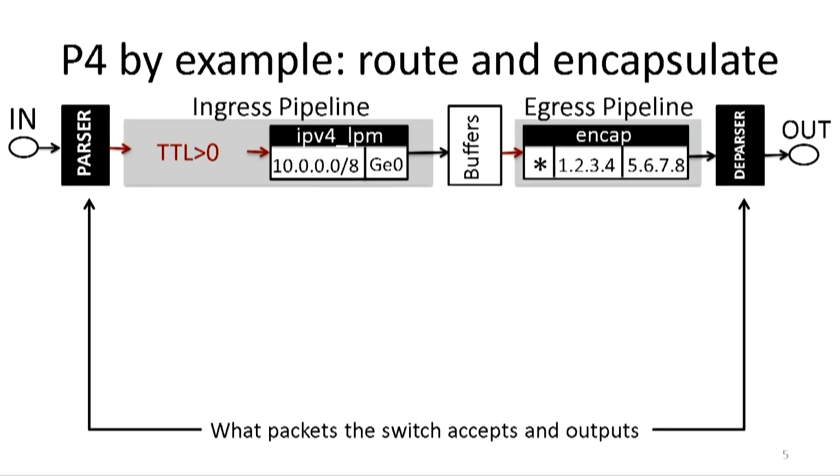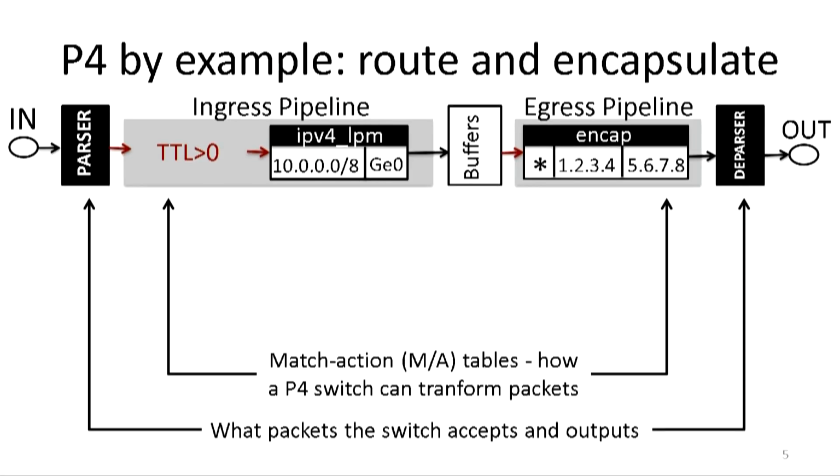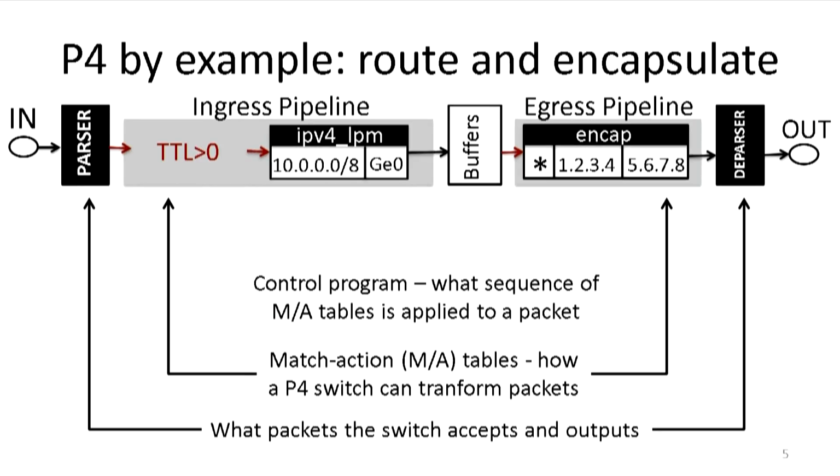This dictates what input and output the switch accepts and produces. Next, you had to look at the match action table declarations. These dictate the possible actions the switch can take on packets. And lastly, the control program will define the sequence of match action tables that are going to be applied for each packet that comes in.